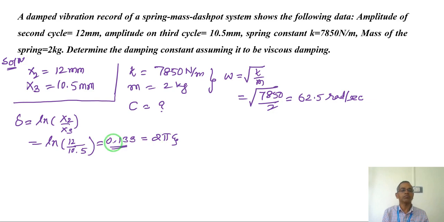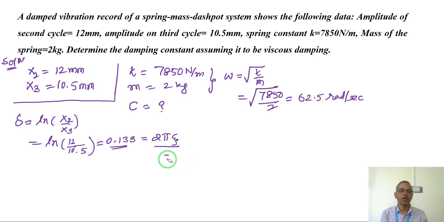We also know this is nothing but 2 pi xi, because this delta value, the logarithmic decrement, is so small, definitely the damping ratio will be less than 10%. Then we can directly write 2 pi xi. Otherwise, we should write 2 pi xi by the square root of 1 minus xi square, if this delta is sufficiently large.